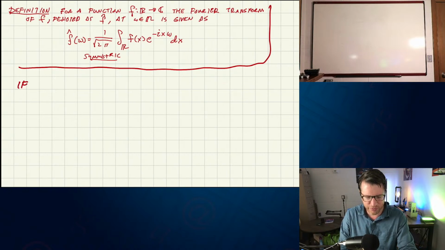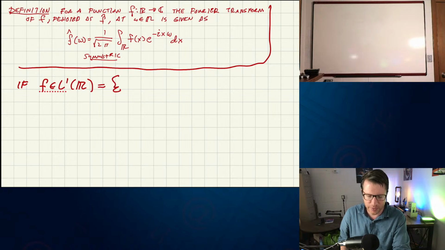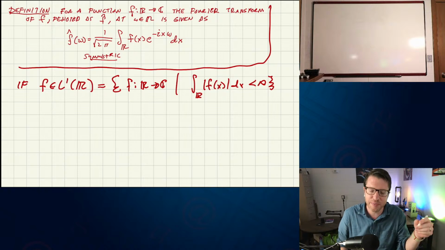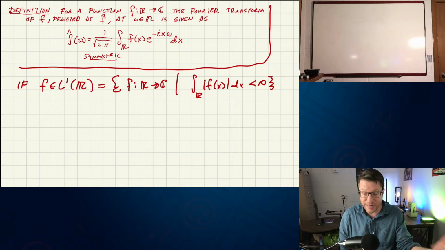So if f is inside L1 of R, and this is, by the way, the Lebesgue space, which is defined like this: f maps from R to C, and we assume that the integral over R of the absolute value of f of x dx is well defined, so it's finite.